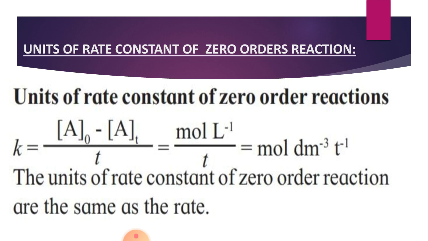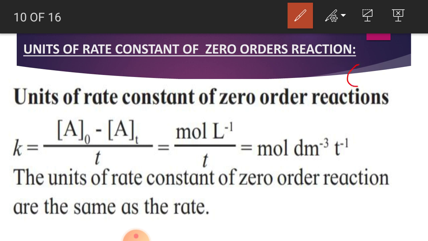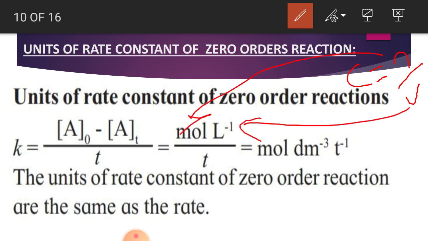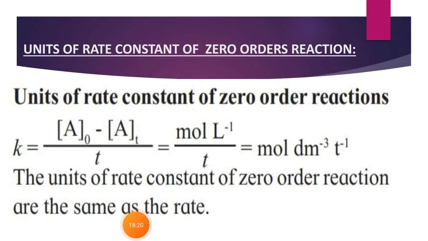As we know, concentration C is equal to n upon V. n is in mole, V is in liters, and when we replace liter, it comes as dm3. So we get the equation K is equal to A naught minus At upon t.